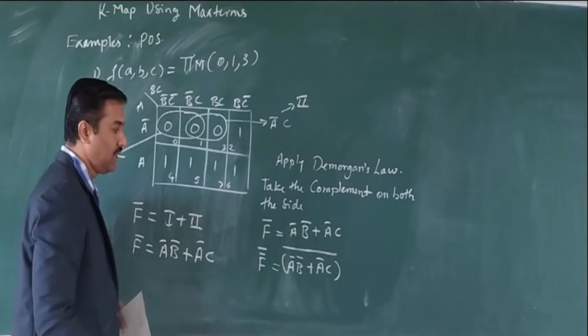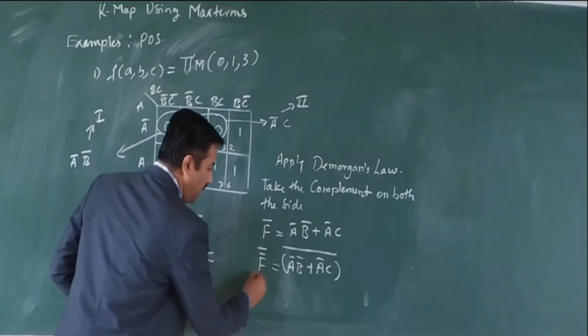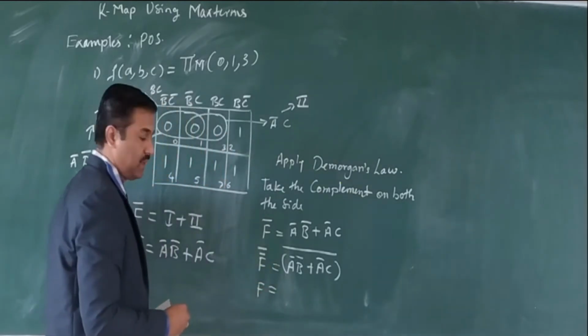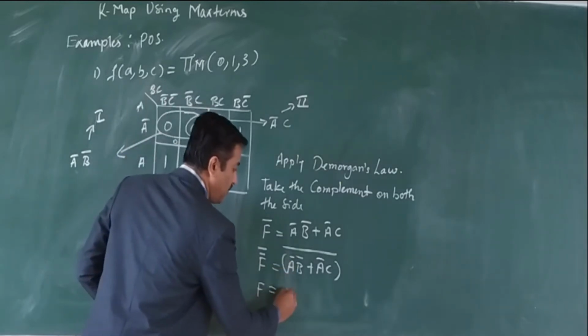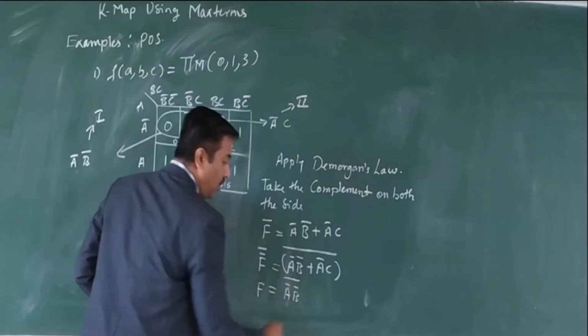So when I apply this De Morgan's theorem, f double bar becomes f, and here I am going to split. So here it becomes A bar B bar whole bar.